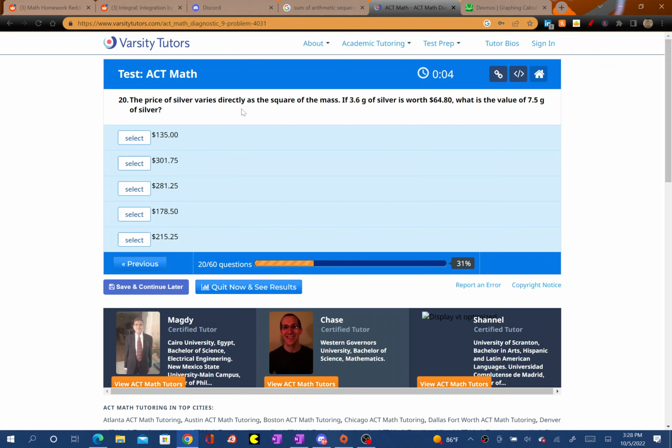It says the price of silver varies directly as the square of the mass. Okay, hold on. Okay, so varies directly, so direct variation. We look at the formula for direct variation. It's y equals kx, I believe. Y equals kx.